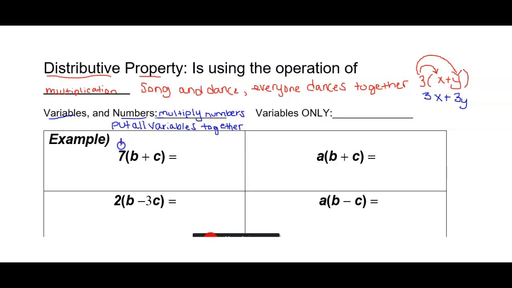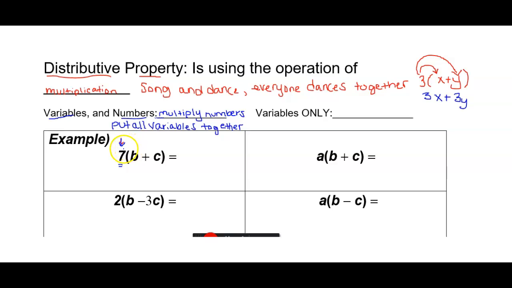So in this example over here, I have a number that I'm going to be multiplying to the quantity b plus c. So I'm taking 7, multiplying it to b plus c. B and c are variables. 7 is a number. So I'm going to be using this concept of just putting everything together because I can't multiply 7 times a b. There's nothing I can do with that.